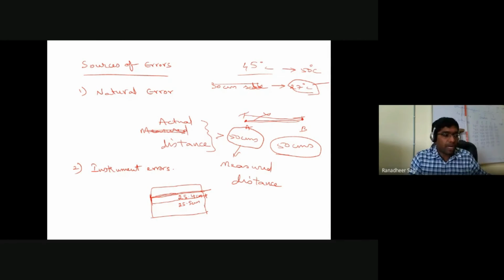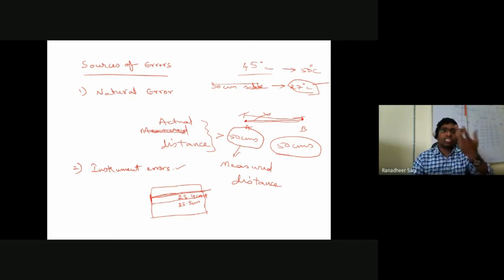Rather, your writing pad has a dimension which is neither 25.4 centimeter nor 25.5 centimeter. So it is somewhere in between 25.4 and 25.5 centimeter. You are not able to accurately measure that particular dimension. Such an error, because of the least count issue, is one example of what I can call your instrument error.